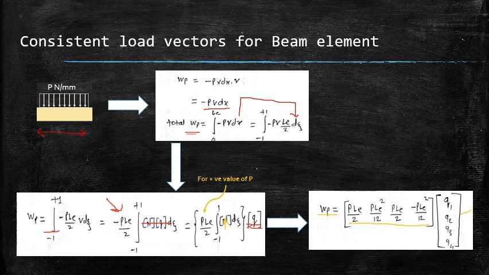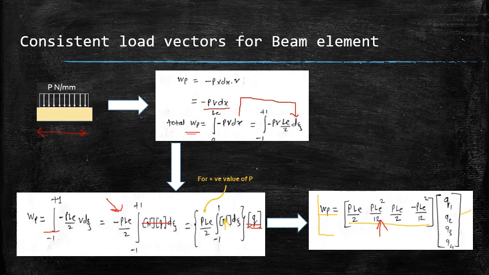And this is the final expression that can be verified, that work potential is the product of this matrix and this vector. So here again I am writing this work potential as a product of two matrices. Now this matrix is somewhat like nodal force vectors.